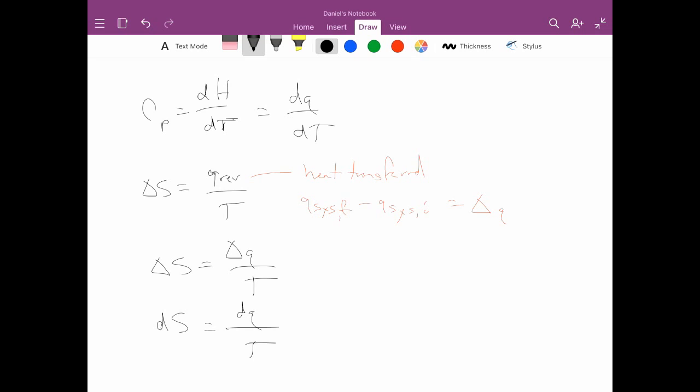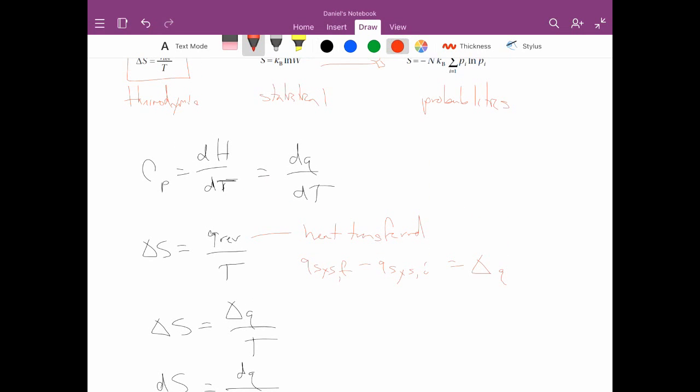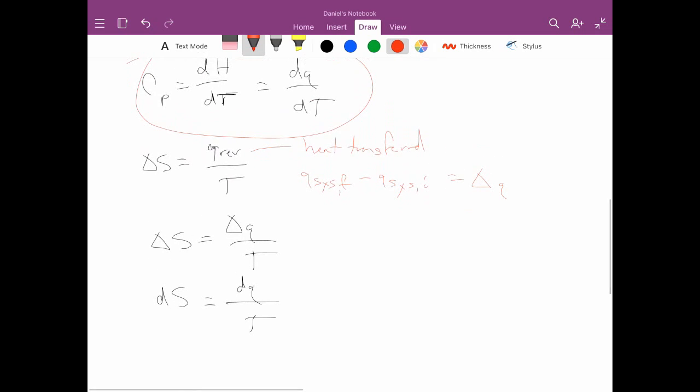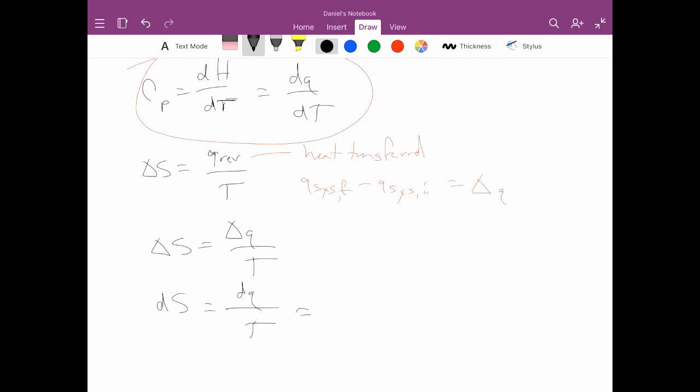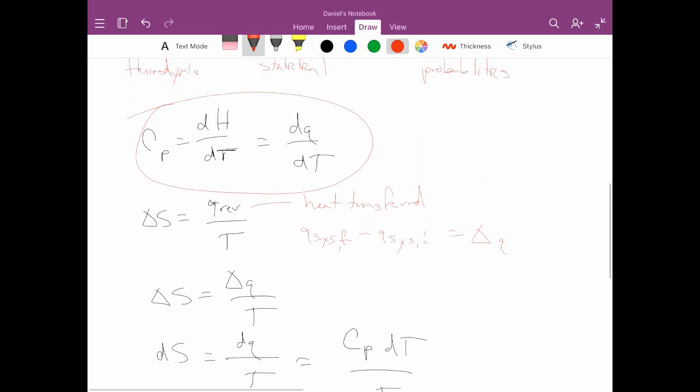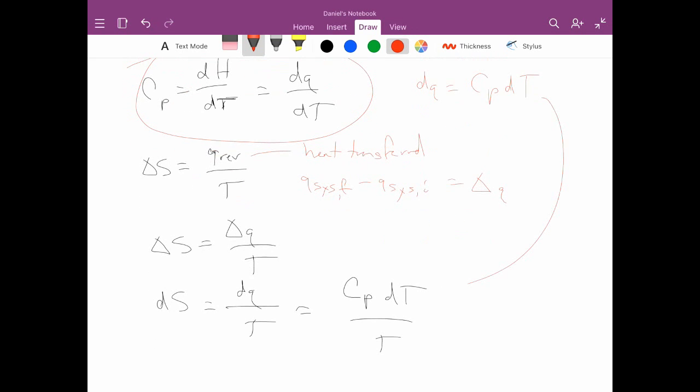Great. So taking our heat capacity equation, our new definition of it, we can say that the change in entropy of a system is equivalent to Cp dT over T. Because of this, you can rearrange dq equals Cp dT, and that goes in right there. All right, great.